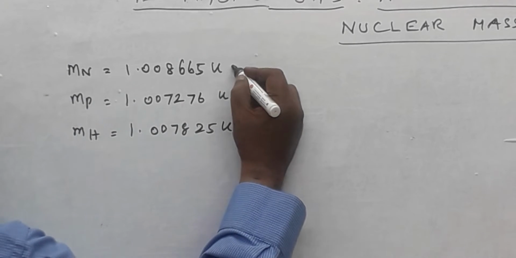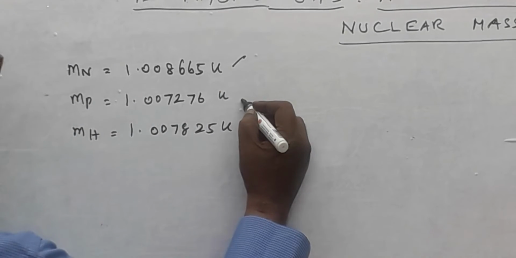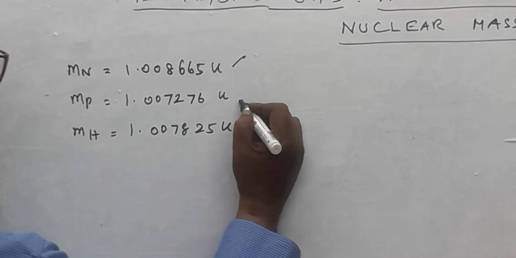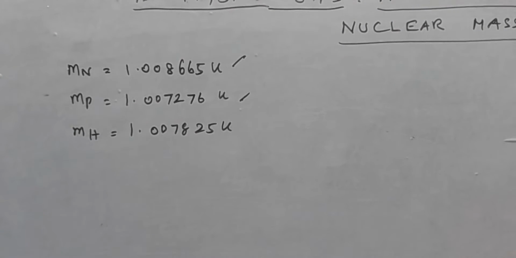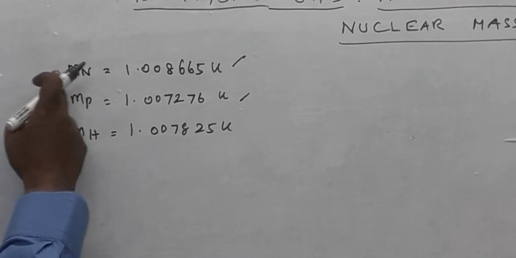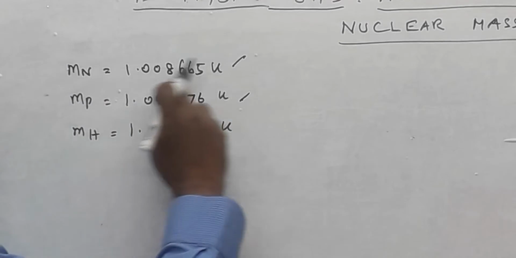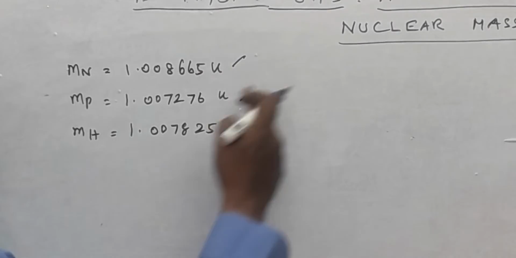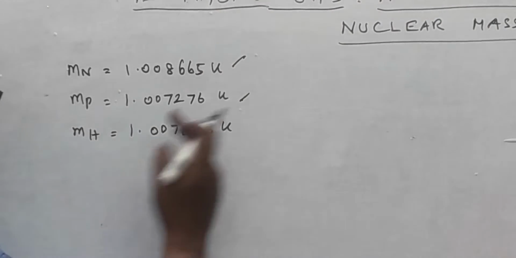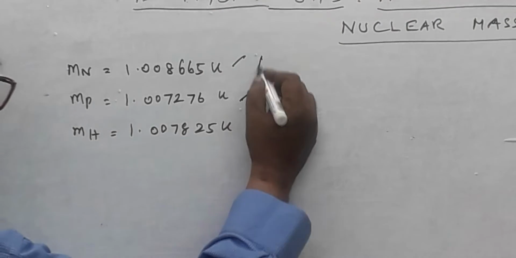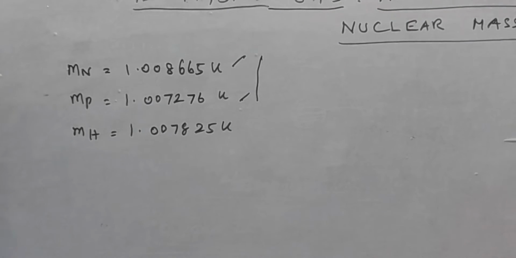Here, the mass of neutron and the mass of proton are calculated separately, by weighing. Then the mass of hydrogen is obtained by adding these.